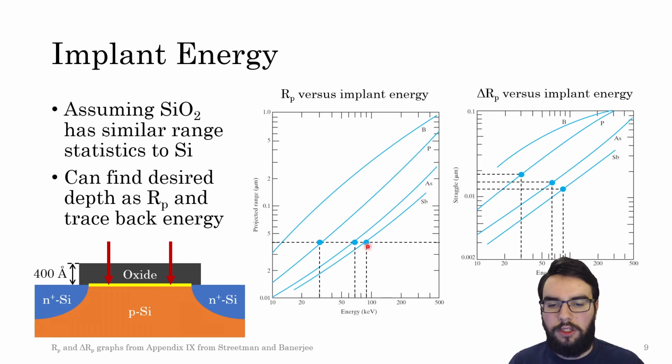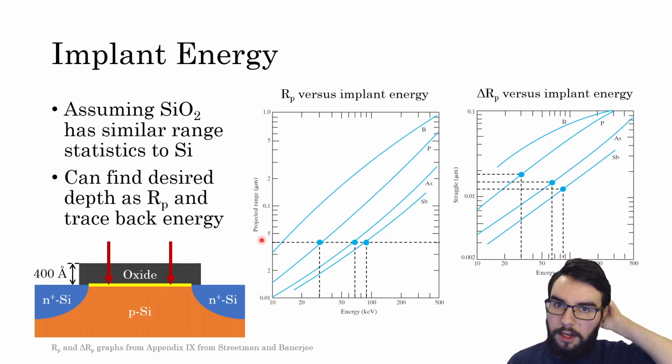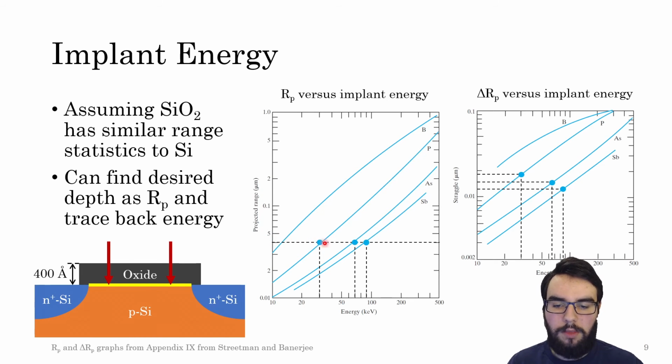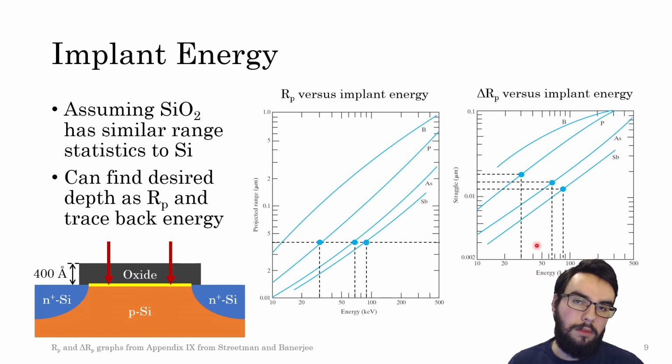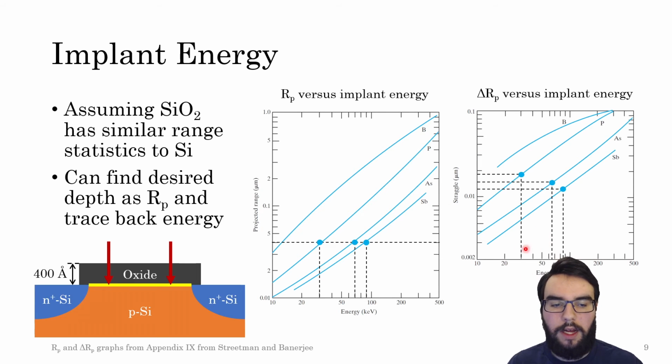With this equation and getting these graphs from Streetman and Banerjee, we can actually put 40 nanometers, which is the depth of the silicon dioxide, and if we want it at the interface, we can find at 40 nanometers the energy required for each one of these species. And from there, we can actually find the straggle at each one of these energies for each species.